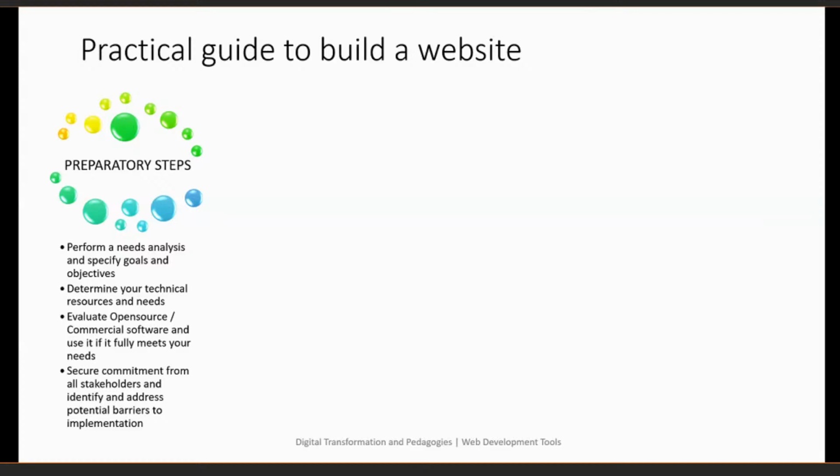Once you know your needs, goals, and objectives, then when we are talking about a website, as I keep repeating, it is a very technical offering, right? So you need to determine your technical resources and needs. Now, these needs are different from the first ones. These are in the context of technology.